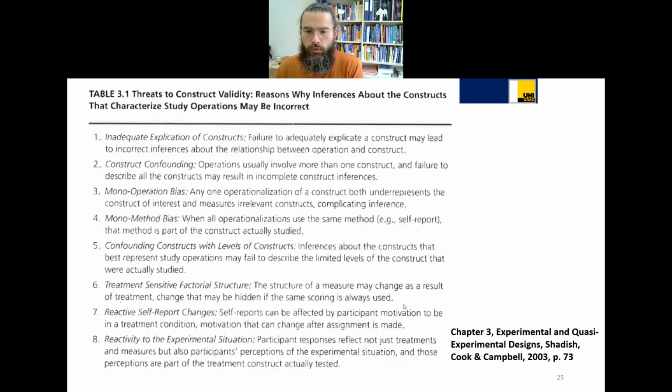And this is a change you may be unable to identify if you are only measuring the emotional valence of the contents of the self-reports.